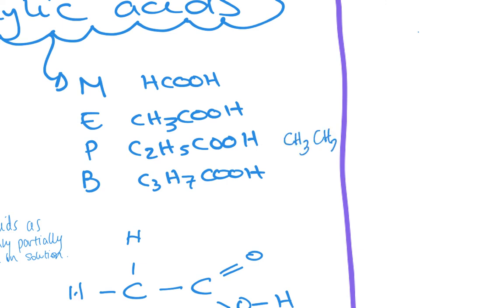CH3, CH2, COOH is also fine. For butanoic acid, CH3, CH2, CH2, COOH. Like I said before, we get bigger by CH2 each time. So that's the formulas of your carboxylic acids.